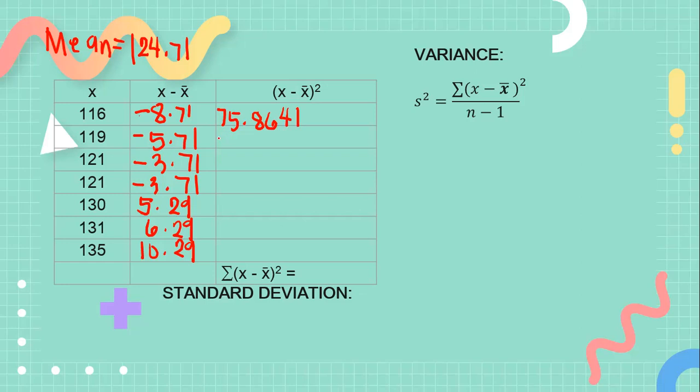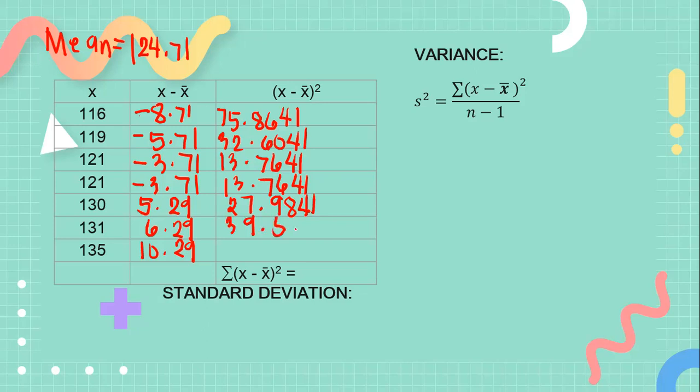Then 32.6041, 13.7641, 13.7641, and so on, up to 105.8841.